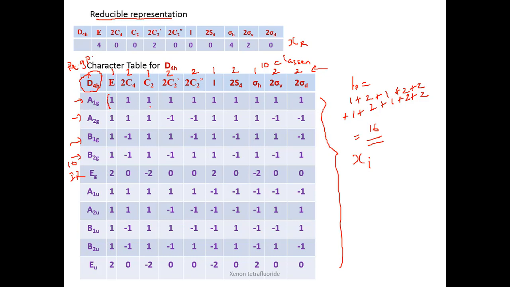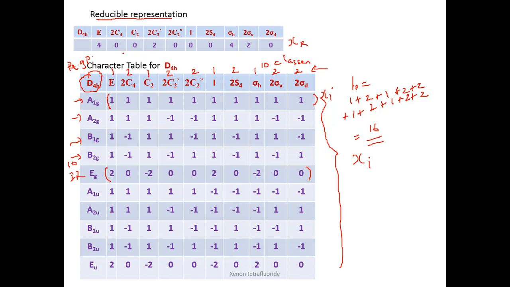When you consider A1g, you will consider these characters opposite A1g alone and leave the other characters. This will be the Chi value. When you consider Eg, for example, you will consider these characters opposite to Eg, and this will be the Chi and not the other values.